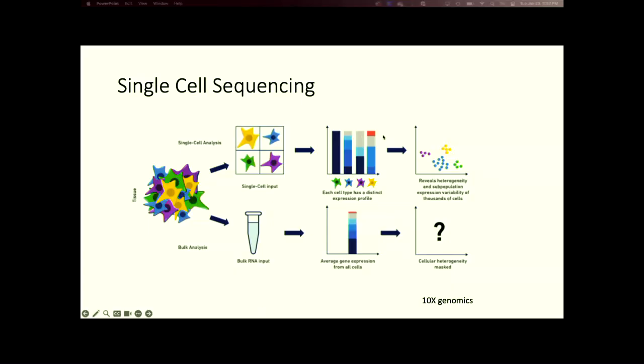And so each cell type here will have a distinct expression profile, and this is where we start to get into some fun machine learning stuff, not deep learning yet. Have any of you taken linear algebra?